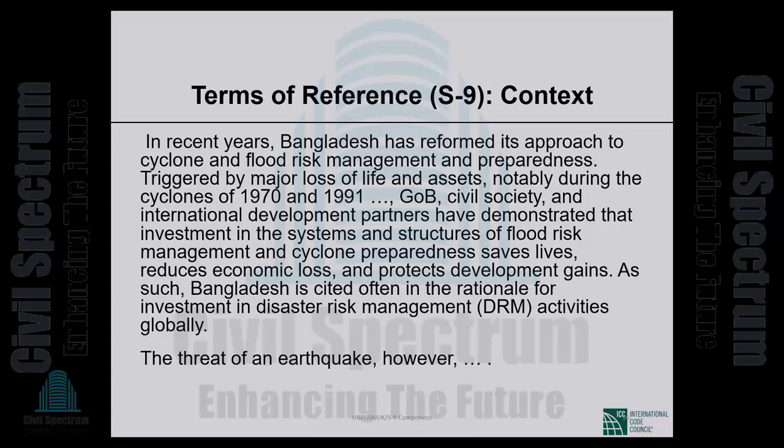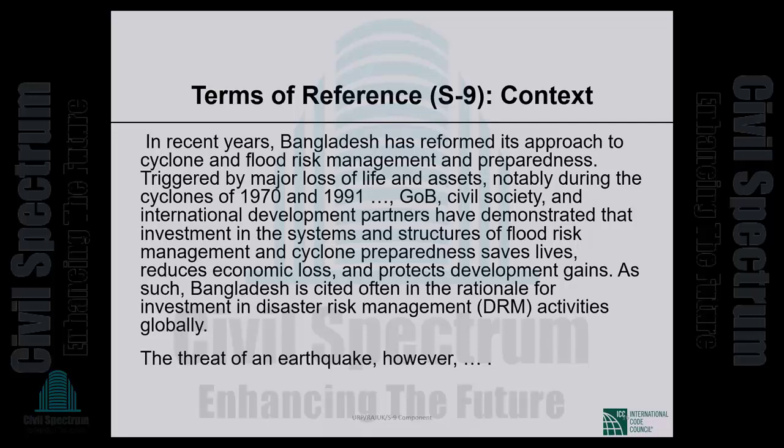Government of Bangladesh, civil society, and international development partners have demonstrated that investment in the systems and structures of flood risk management and cyclone preparedness saves lives, reduces economic loss, and protects development gains. As such, Bangladesh is cited often in the rationale for investment in disaster risk mitigation activities globally. So Bangladesh has been successful in containing the effects of cyclones.